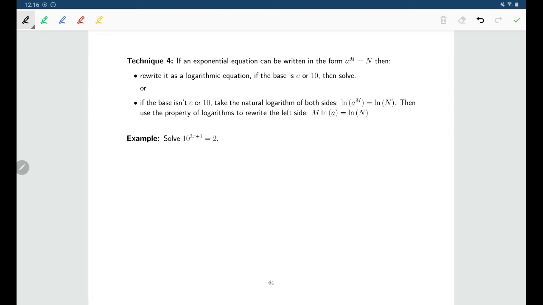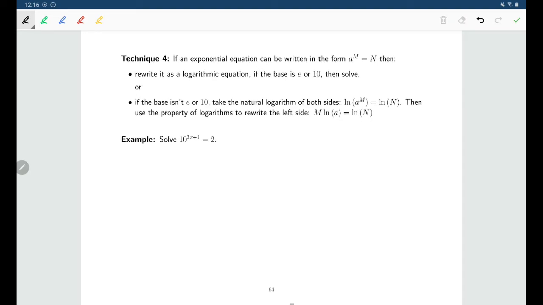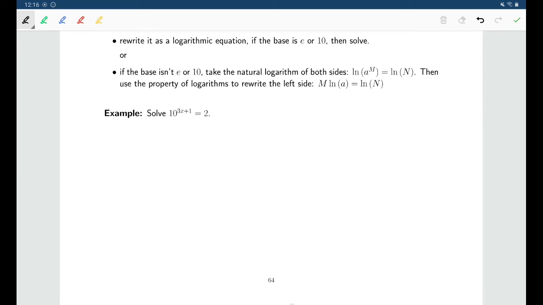So let's do this first one. This one is 10 to the power of 3x plus 1, and it's equal to 2. And I'm going to rewrite this as a log. So since it's base 10, I'll be using log base 10 or common log and switching my inputs and my outputs. And I'm just going to now solve for x. So I'll bring the 1 to the other side.